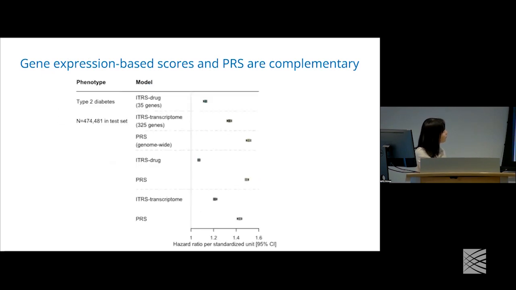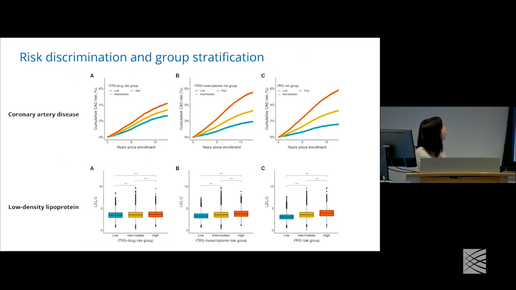And if we put the gene expression risk score and PRS in the same model, they remain significantly associated with type 2 diabetes risk in the validation data set. We observed similar qualitative results for all the phenotypes we tested in the validation set. We also evaluate the risk discrimination and stratification ability of those scores.